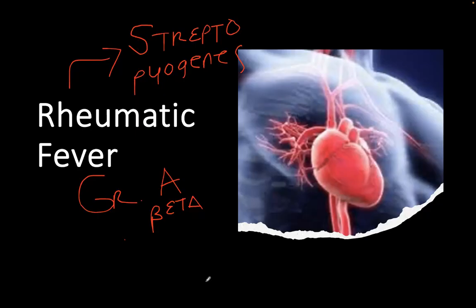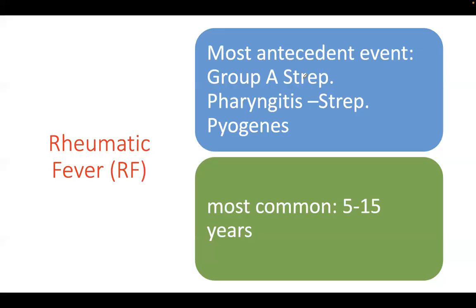Partial, incomplete. And beta is complete. So this is group A, commonly known as group A beta hemolytic streptococci, or GABHS. So complete hemolysis is beta, and alpha is partial hemolysis.